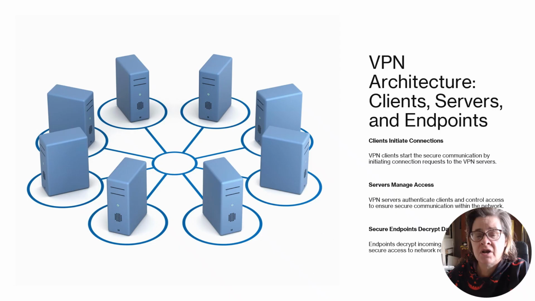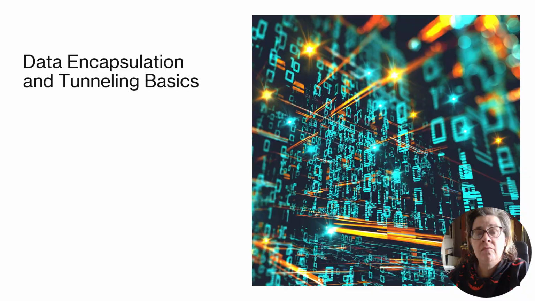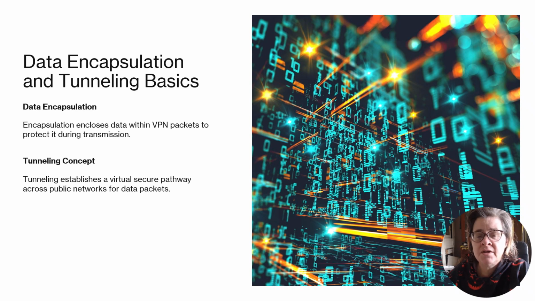Understanding this structure clarifies the data flow within a VPN. Encapsulation wraps data inside VPN packets for secure transmission, while tunneling creates the virtual pathway for these packets across public networks, ensuring confidentiality and integrity.